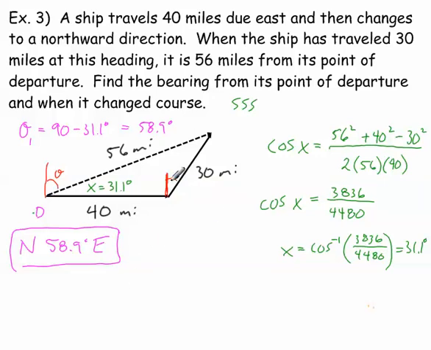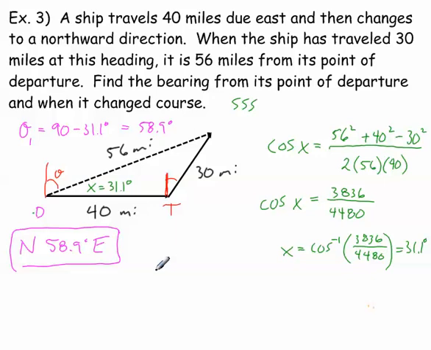My second bearing is a portion of this angle where I made my turn. Call that T. And you should notice that it's going to be 90 plus whatever this angle is. Well, if I find this whole angle, subtract the 90, and I'll get my answer. So again, law of cosines using the alternate form.